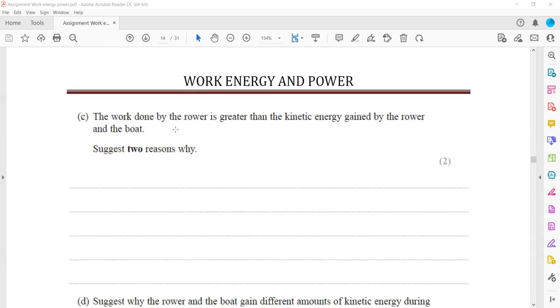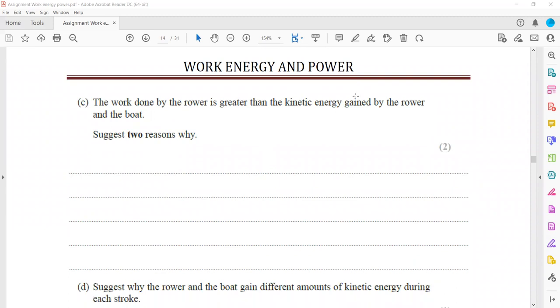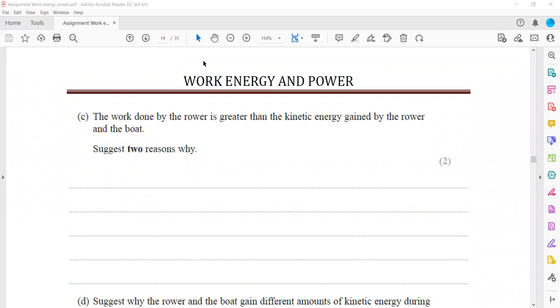The work done by the rower is greater than the kinetic energy gained by the rower and the boat. So just two reasons. Like here, a rower is doing work, and he's doing a greater amount of work, but the kinetic energy which is gained by the boat is less than the amount of work he's doing every stroke.